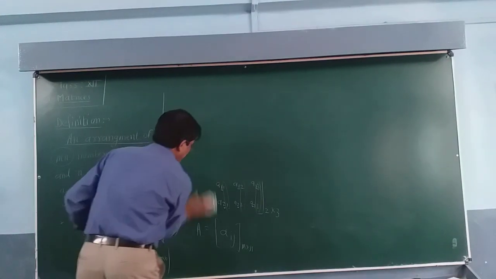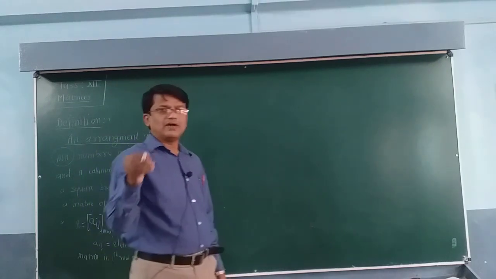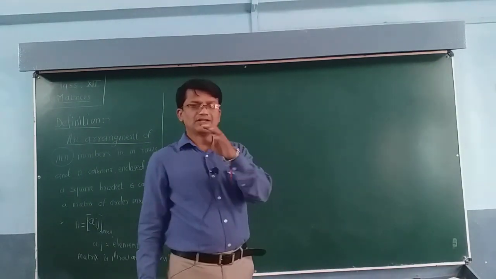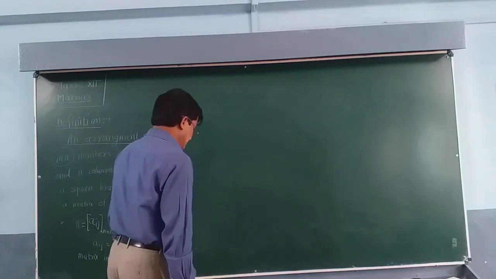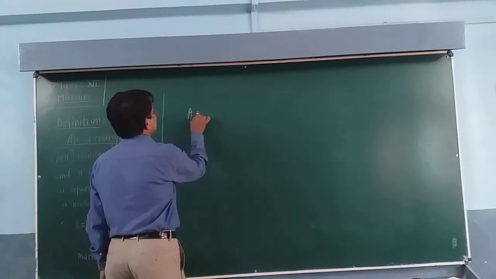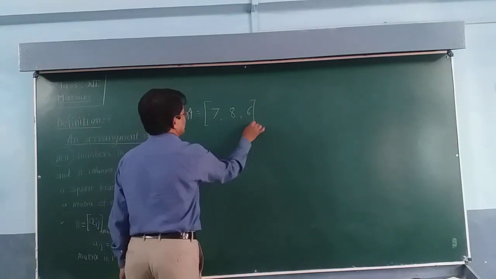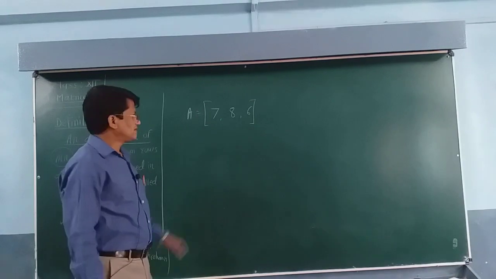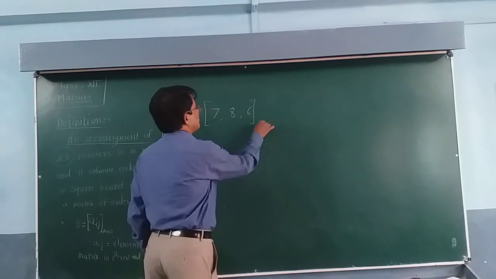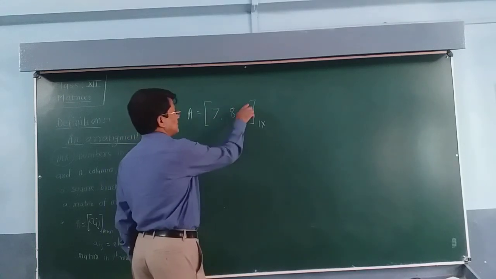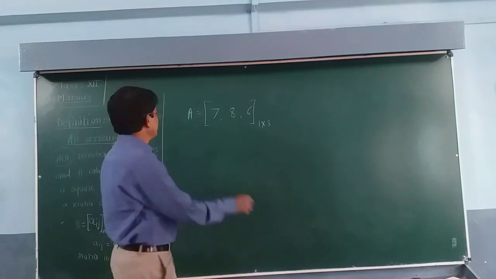Thus we can construct different types of matrices according to how the given numbers can be arranged. Suppose numbers are written like this: 7, 8, 6. These are three numbers arranged in only one row and column number 1, column number 2, column number 3. This is also a matrix.